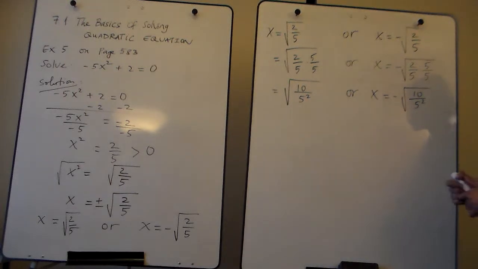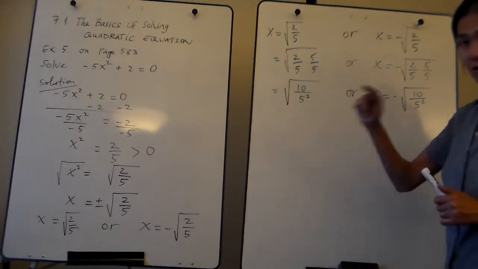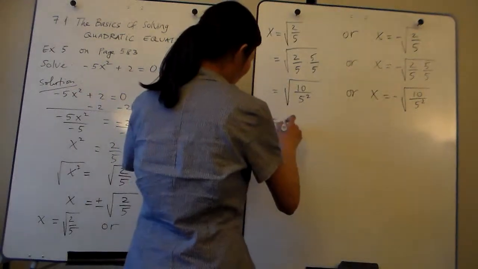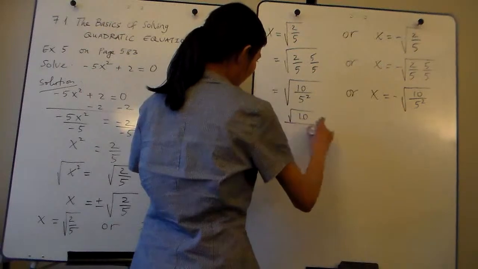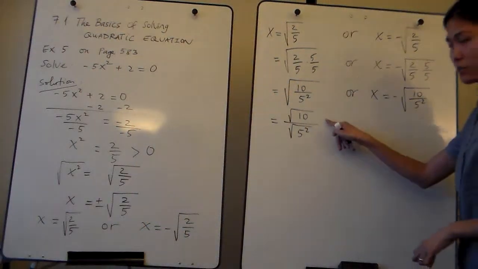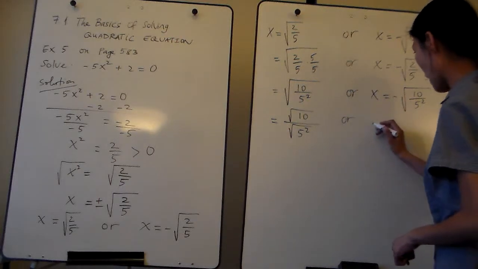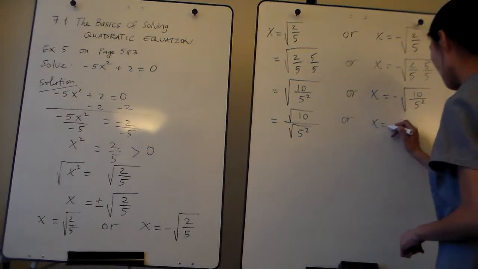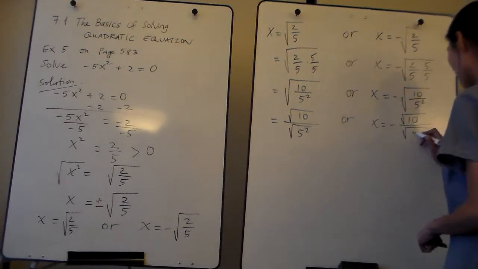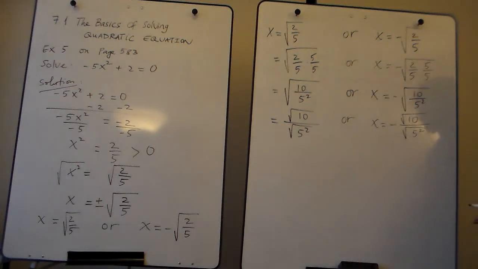The goal is to bring the denominator outside of the radical. For this, you can rewrite this as square root of 10 and square root of 5 squared. We learned this in the last sections, how to split a radical. This is x equal to negative square root of 10 divided by square root of 5 squared. Okay?